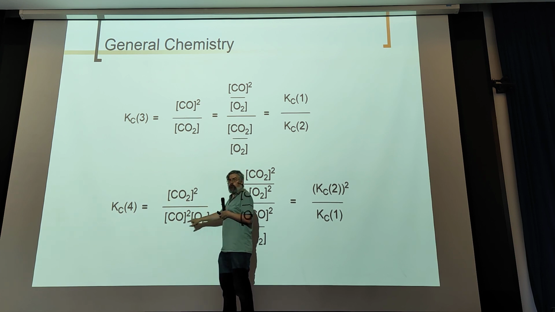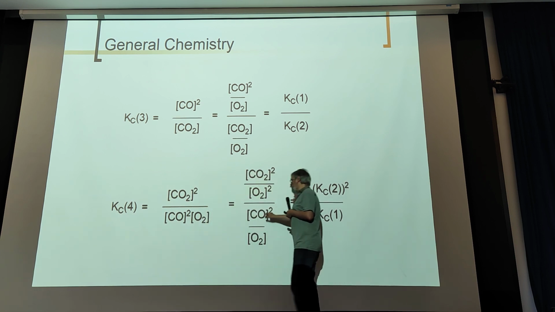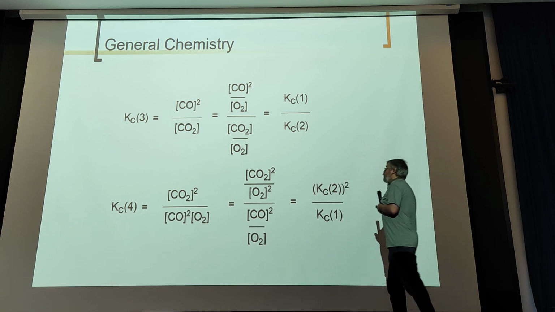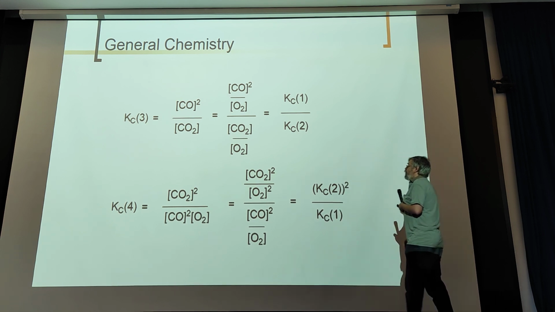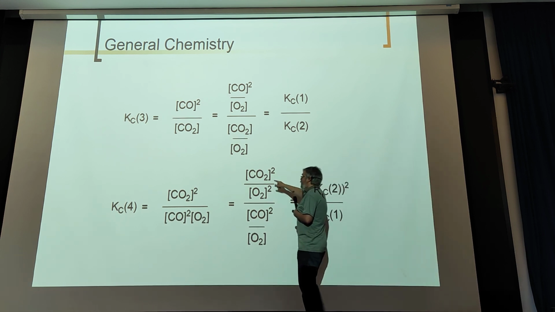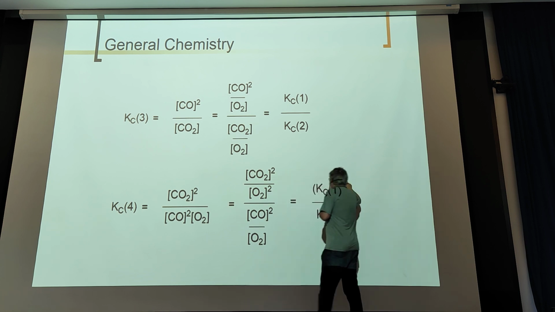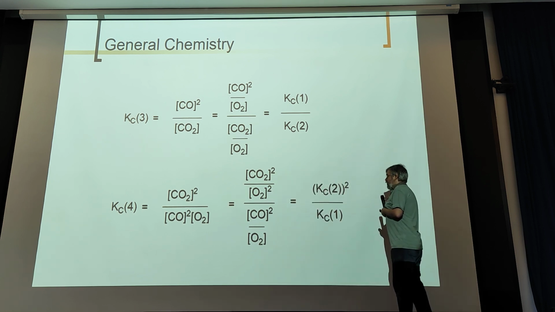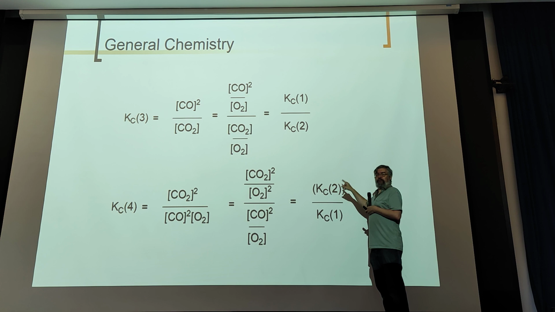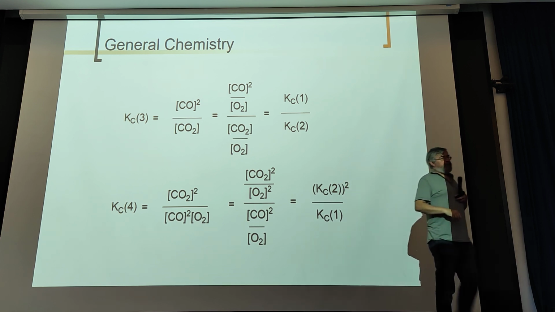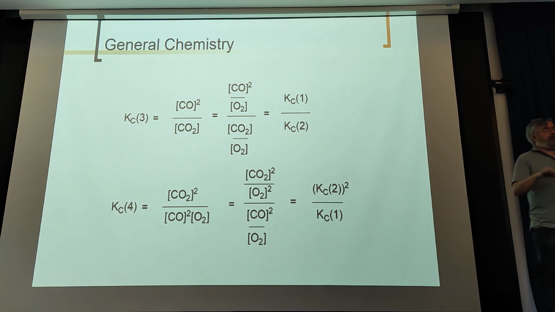So one of the oxygens drops, so we have this. And now you can see that this is nothing else than the second reaction, but squared, and this is the first reaction. So this agrees with 2 times the second reaction minus the first reaction.